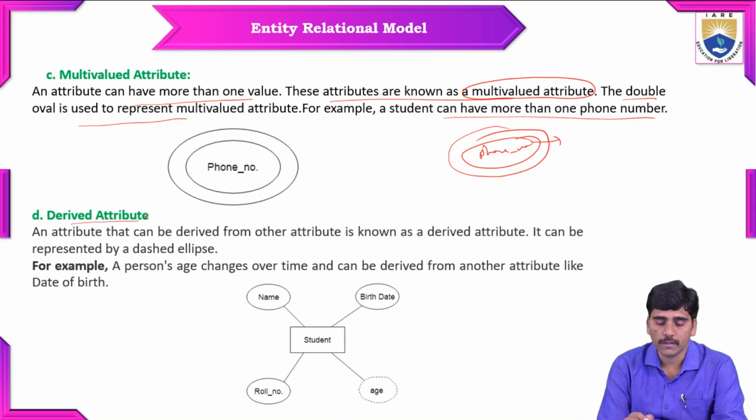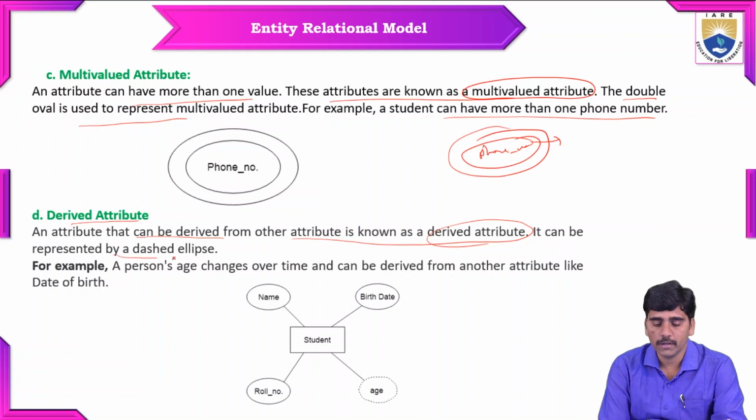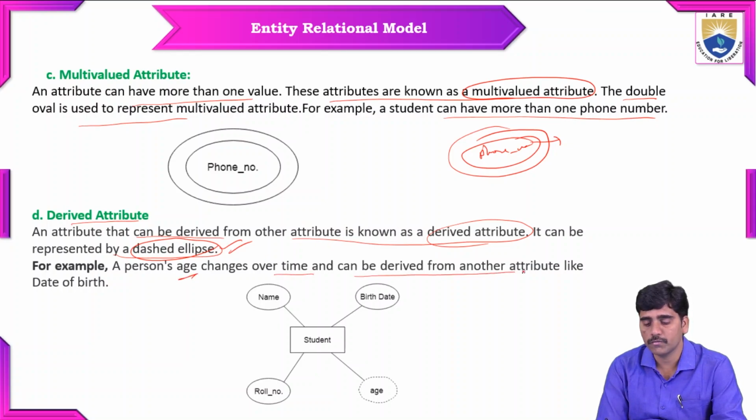Next one, derived attribute. An attribute that can be derived from another attribute is known as what? Derived attribute. It can be represented by a dashed ellipse. For example, a person's age changes over time and can be derived from another attribute like date of birth.